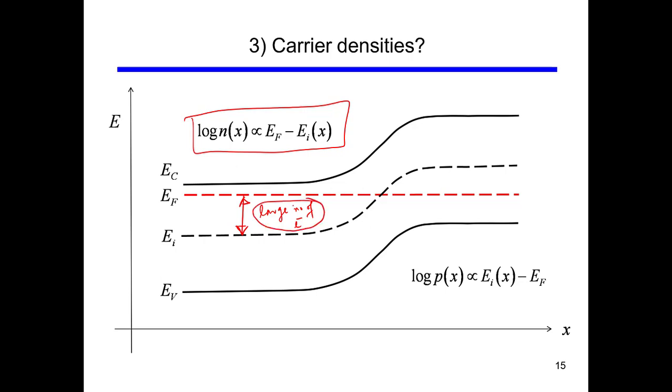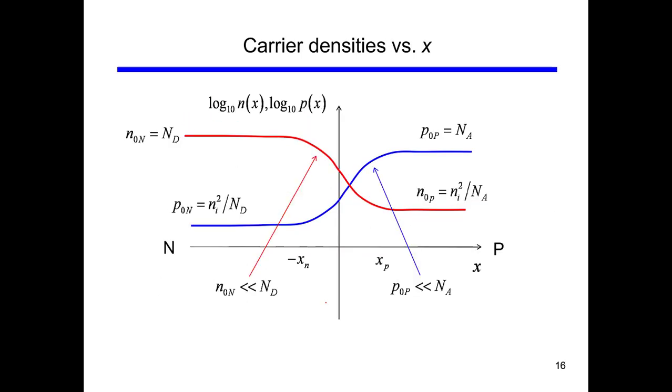On the other side the Fermi level is below the intrinsic level, and we have in this region a large number of holes on the p side.